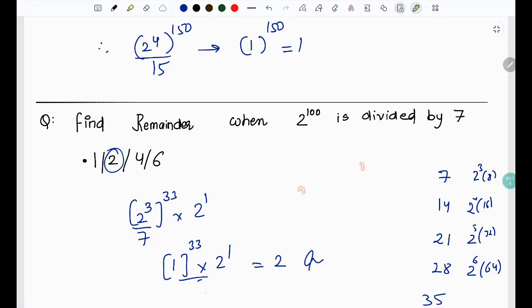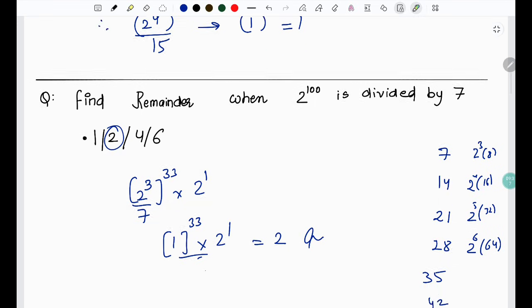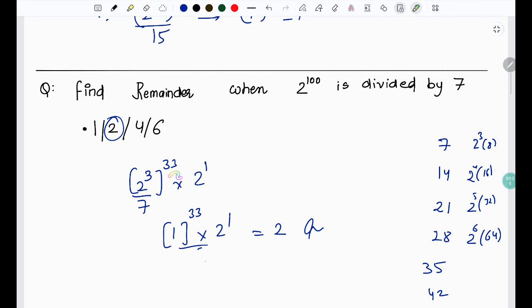So this is another case where we have two numbers. One is 8 to the power 33 and the other one is 2, and we'll find the individual remainders of these numbers and simply multiply them. We have 8, the remainder comes out to be 1 to the power 33, times the number 2, so this becomes 2, hence the answer is 2.